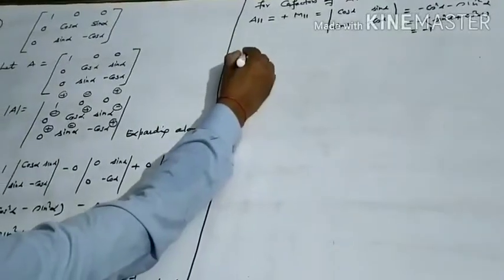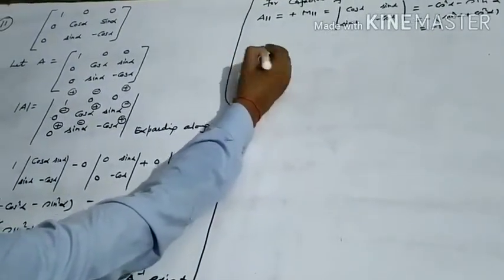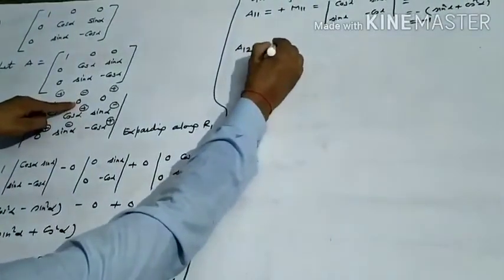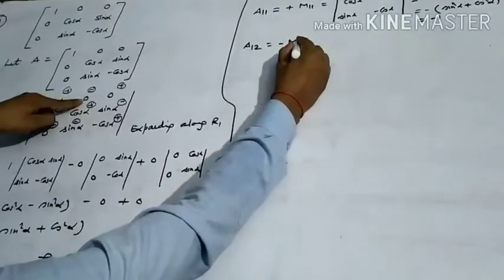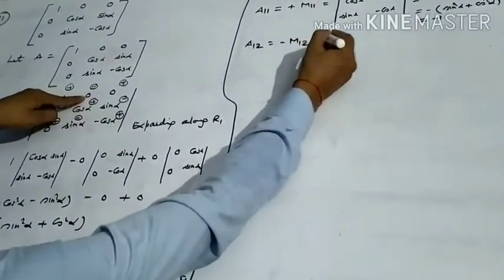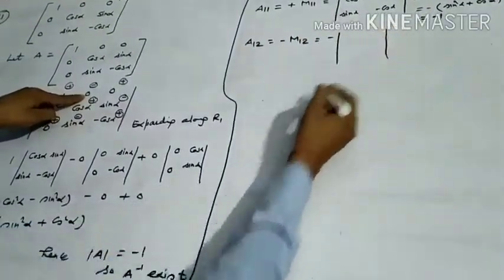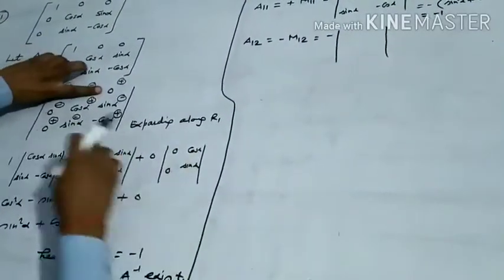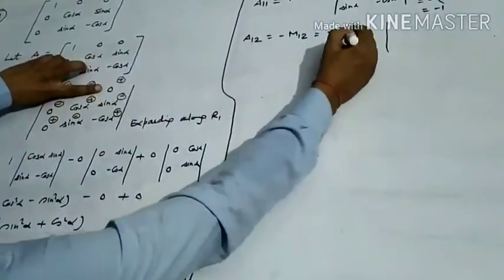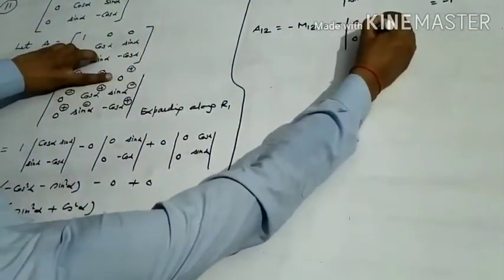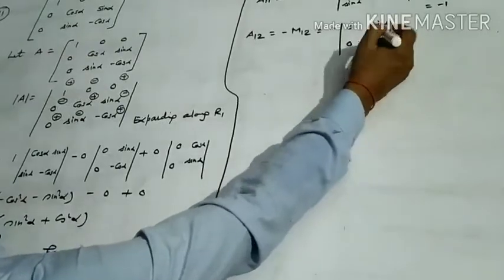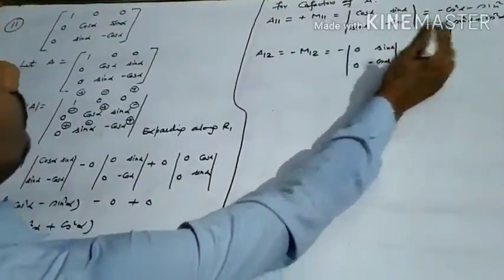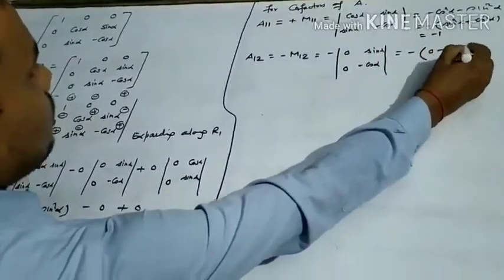Now the cofactor of the element of the first row and second column, which is 0, is minus 1 to the power 1 plus 2, which is minus, times the minor of the element of the first row and second column. So this is equal to minus the subdeterminant after leaving the first row and the second column. When we leave those, this is 0, 0, sin alpha, minus cos alpha, or minus 0 minus 0, so ultimately we get 0.